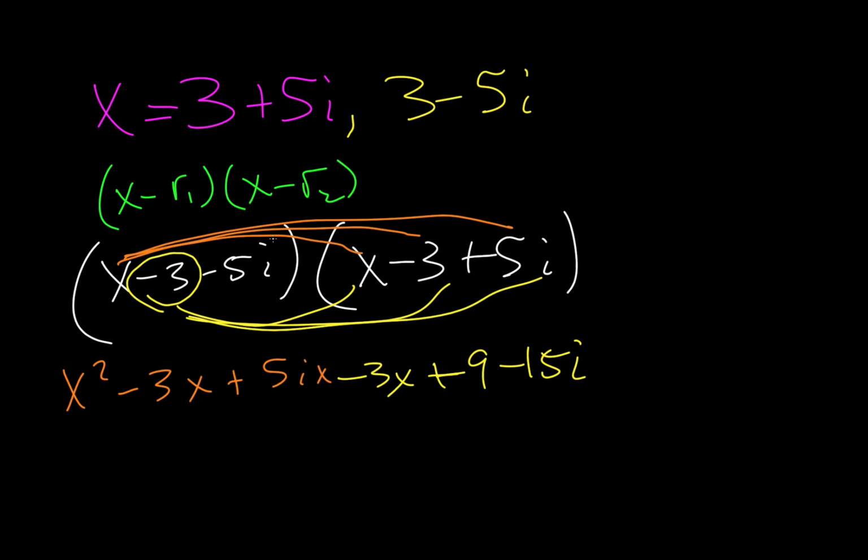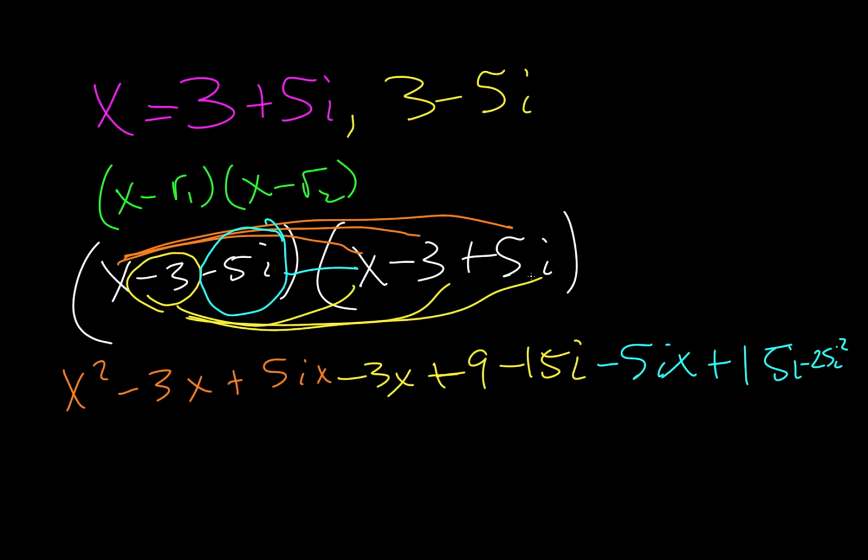Then I'm going to use blue to multiply everything by negative 5i. Negative 5i x. Negative 5i times this would be positive 15i. And then negative 5i, positive 5i is negative 25i squared. Alright.